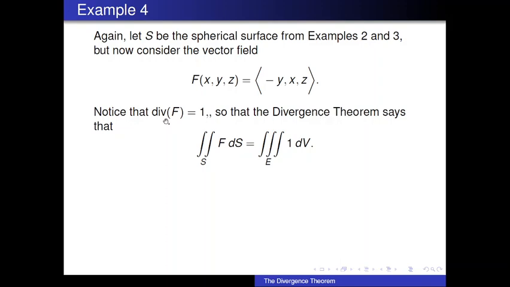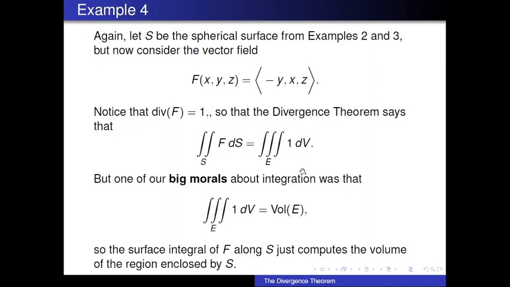So that means that the divergence theorem will tell us that the surface integral of this F over that sphere S is really equal to the ordinary triple integral of the constant function 1 over that ball of radius 2, right? Okay, but remember, one of our big morals from this semester about integration was that the triple integral of the constant function 1 over some region of three-dimensional space computes for us the volume of that three-dimensional space, right?